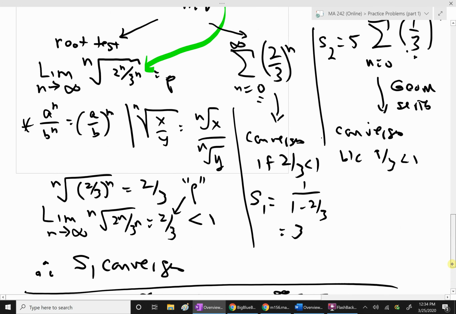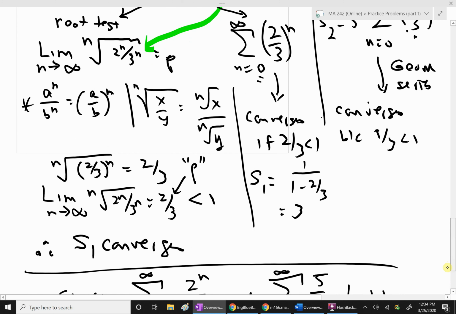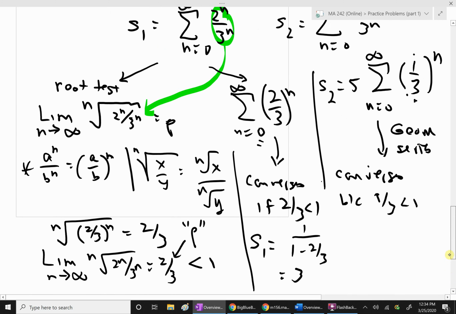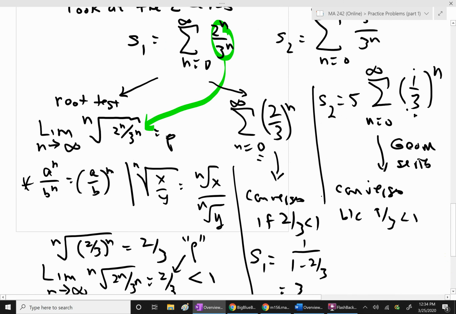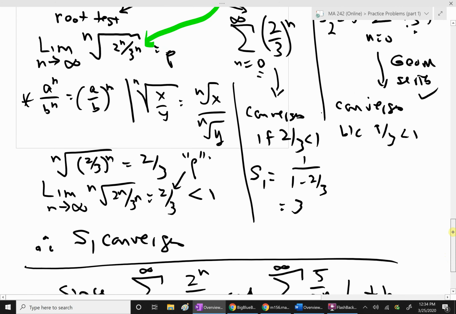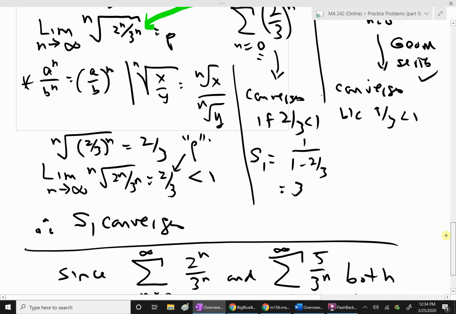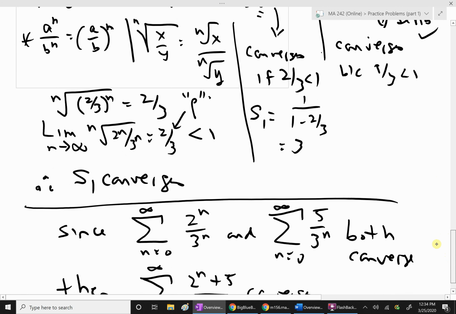So one of the key things when you're writing up your problems is to make sure any sort of result you use is justified. Like here, notice I'm saying why this converges: I'm saying it's a geometric series. Here I would say I'm using the root test, and then I would write out the thing I have to evaluate for the root test.